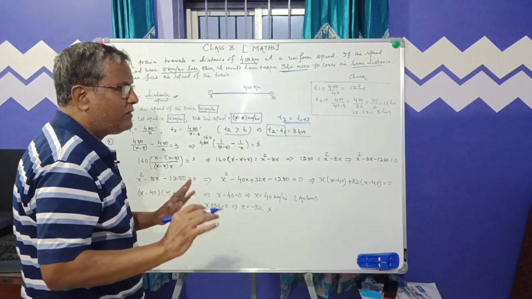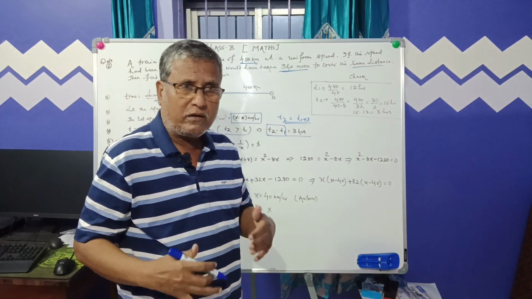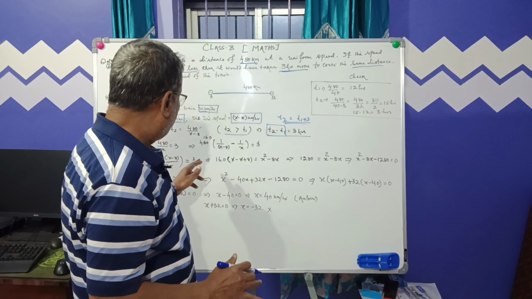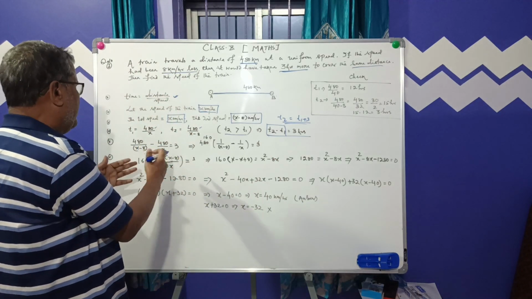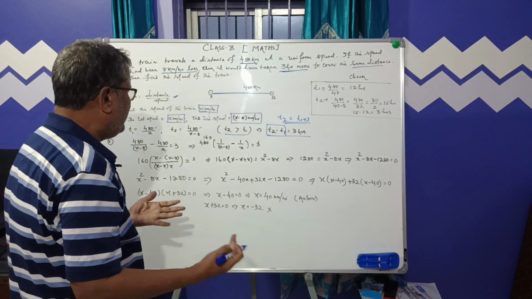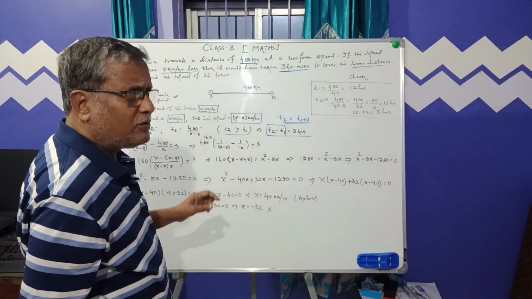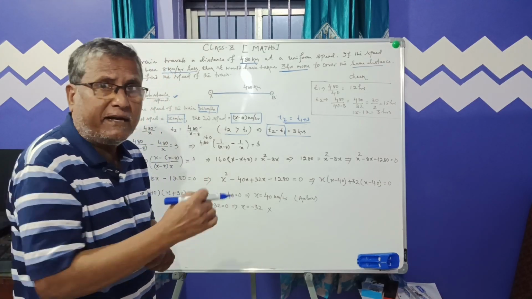That is the fundamental equation you got. Now computational or operational skill is required. We can take the LCM and subtract, but that will be time-consuming. So apply simple arithmetical tricks.